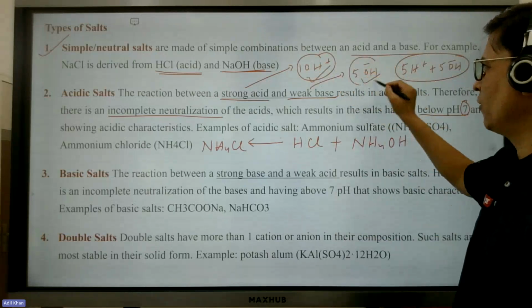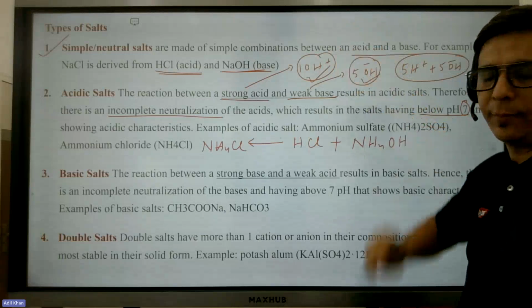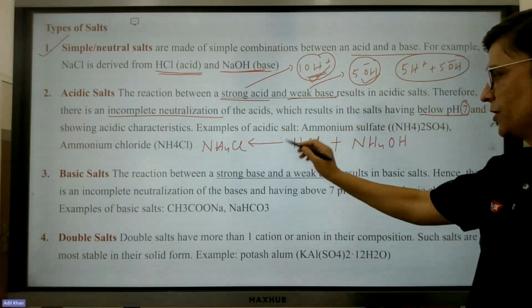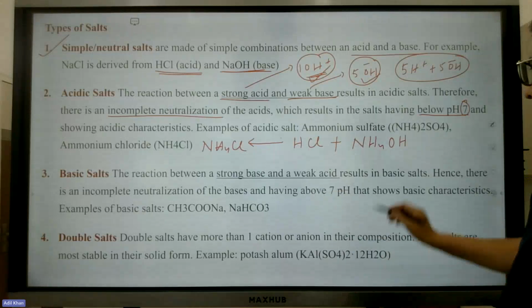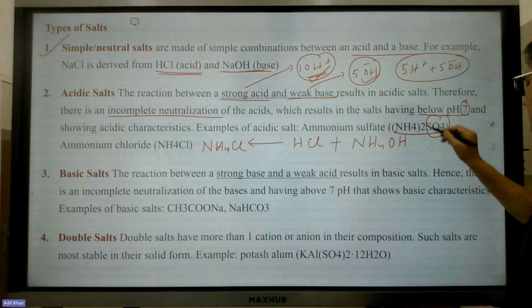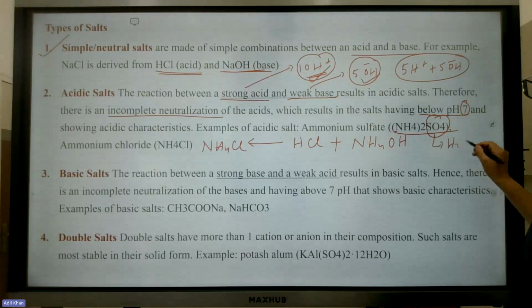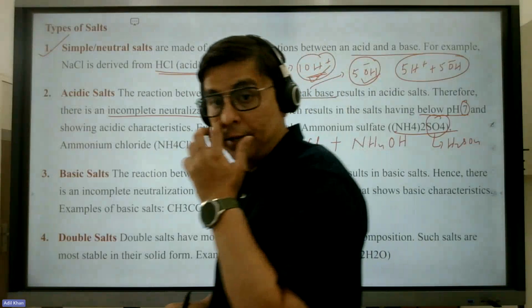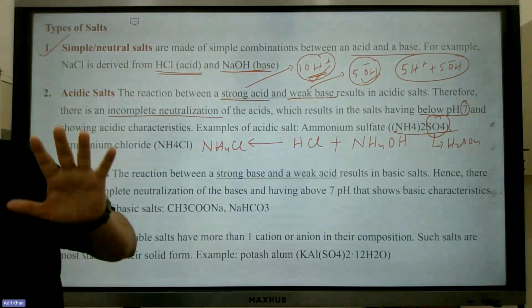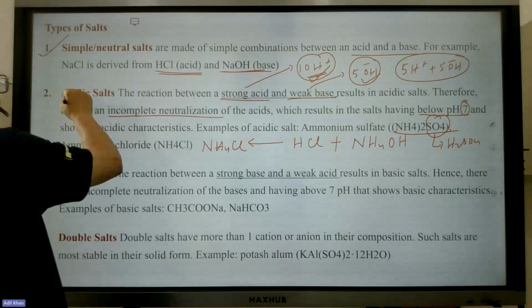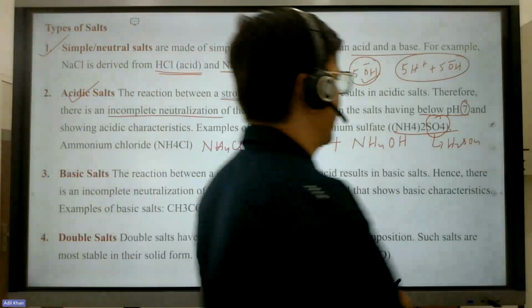So the smaller number of OH minus ions reacts with an equal number of H plus ions, and some amount of H plus will still remain there. So this is an example of your acidic salt. Another example is ammonium sulfate. The SO4 comes from sulfuric acid, which is a strong acid, and ammonia comes from ammonium hydroxide, which is a weak base. So strong acid and weak base, this is the example for your second type of salt.